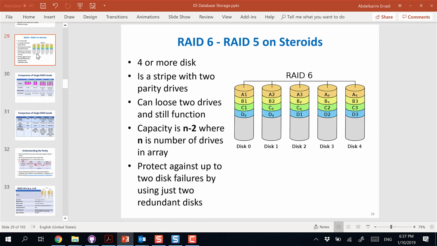And you keep doing this, and you don't forget to move the location of storing the parity bits in a round robin fashion. And this will basically give you the ability to lose 1 disk without losing your data. Yeah? That's basically RAID 5.